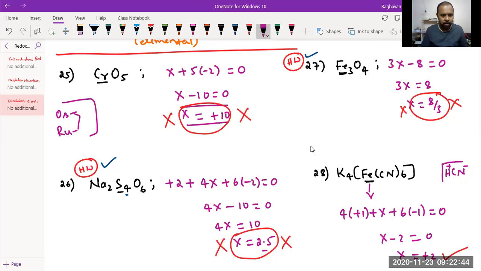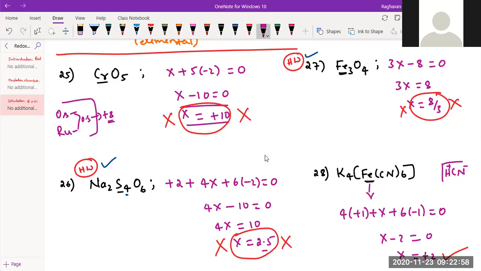Both of them have oxidation state plus 8. They are the iron group, below iron. They have 8 electrons in the valence shell, and they would lose all 8. Plus 7 is for manganese, and it is possible with halogens, when they combine with oxygen.